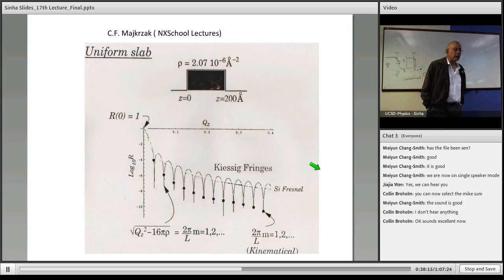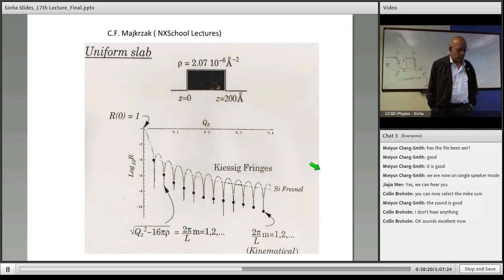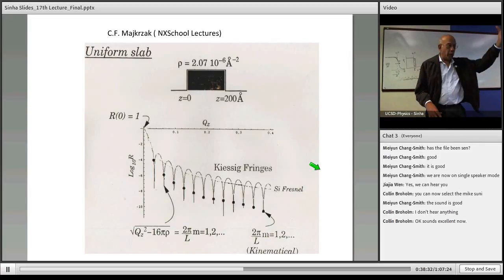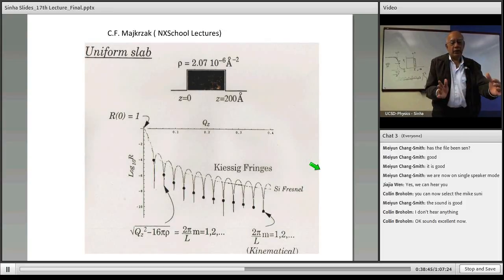I don't think it should be the topic of my lecture, but I will mention that in general, a neutron beam, just like an X-ray beam or a light beam, when it's propagating, has a certain degree of coherence where it's phase coherent with itself, and this coherence has a certain extent in the transverse and the longitudinal directions.